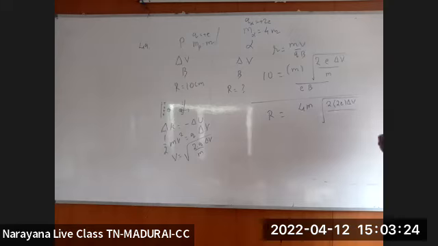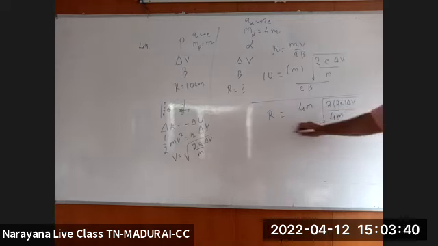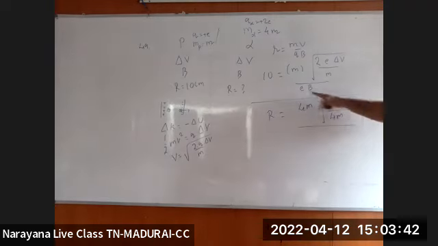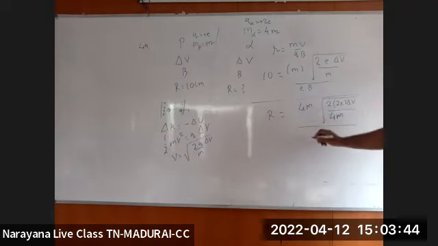See, I am also a human being. I am not a god. If I am writing a mistake, please correct me. Understood? Okay. Tell me what is this? Where I have 2q into delta V by mass. What is mass of the alpha particle? 4m divided by, and whole divided by, what is charge of the alpha particle? Very good, 2e and into B.